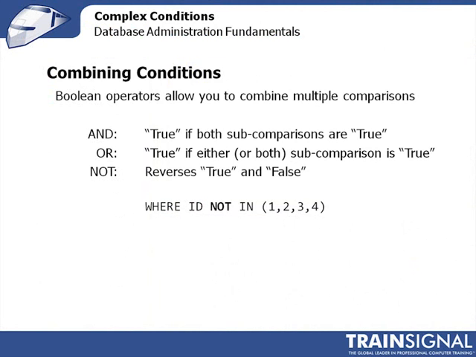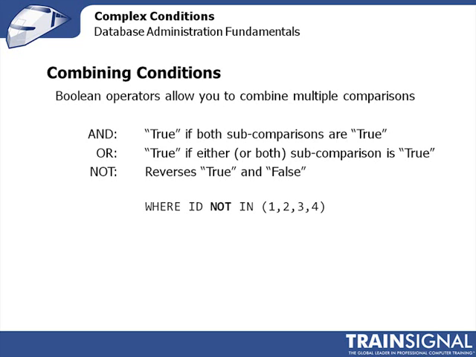Boolean operators allow you to combine multiple comparisons, and you've seen some examples of these in previous lessons already. The AND operator returns true if both of its sub-comparisons are also true. The OR operator returns true if either or both of its sub-comparisons are true.